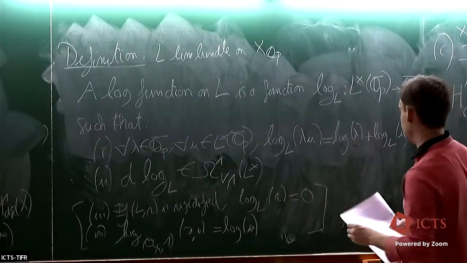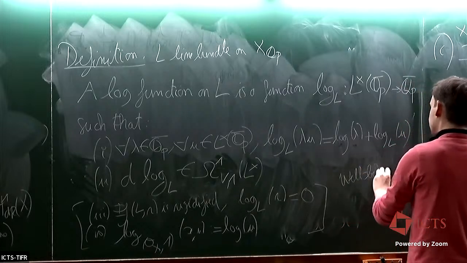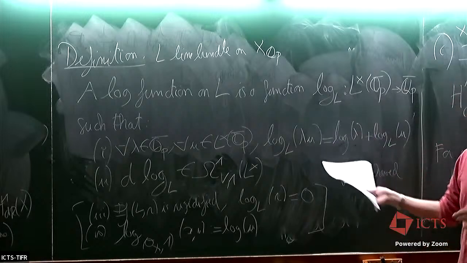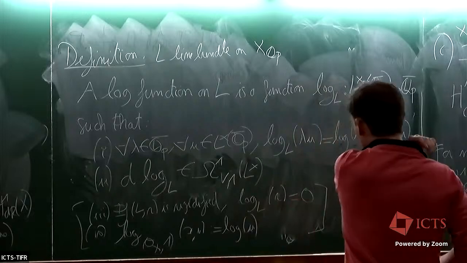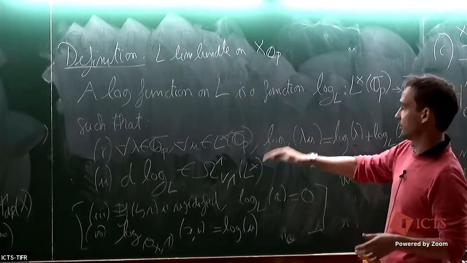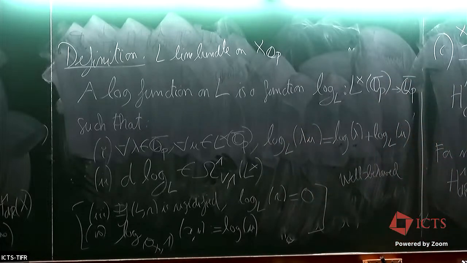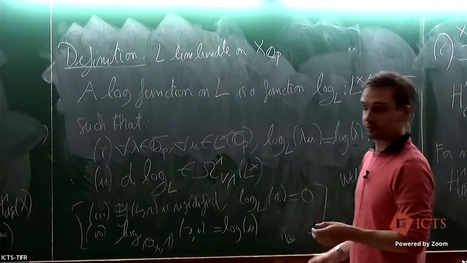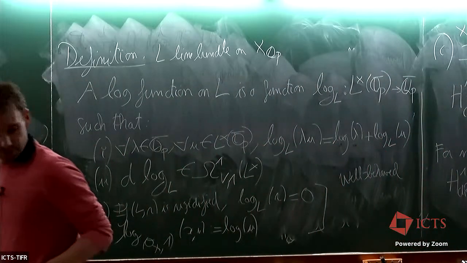And I should say right now that these notions are well behaved again. Meaning, just by formal computation, you can check that for two line bundles L and L prime, the tensor product, and you have log functions for each one, you can define a log function for the product. You can do this for inverse, and you can do this for the pullback. Also, because I didn't say it, I forgot the functoriality here.